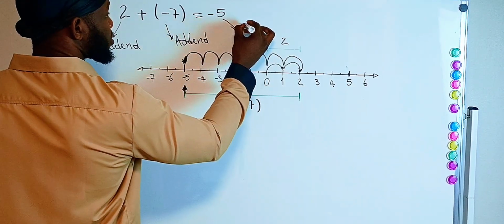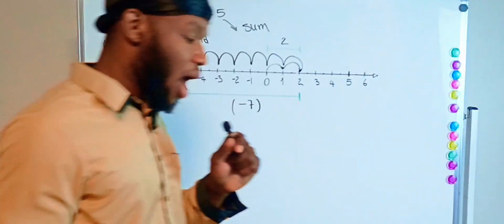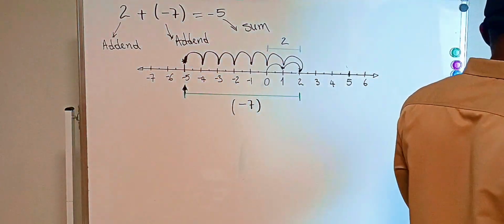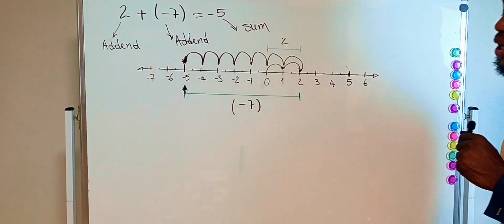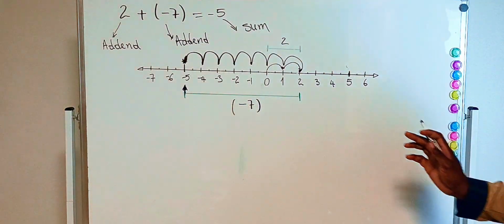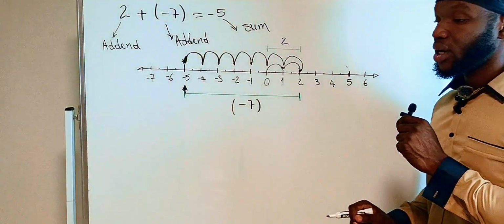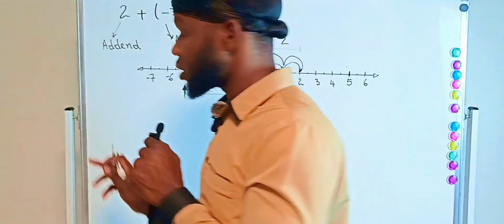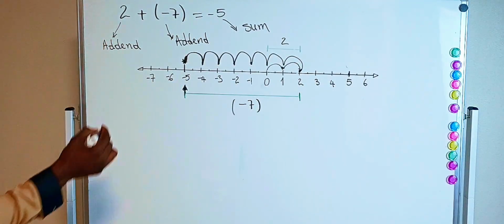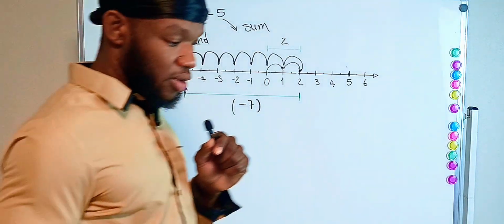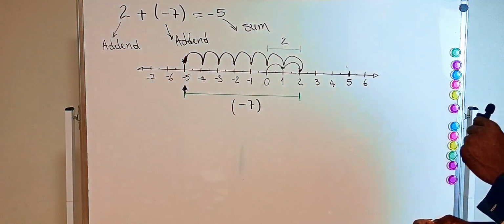Like I told you, the answer is going to be the sum. Since the addends have different signs this time, we subtract. We subtract the smallest absolute value from the largest absolute value.